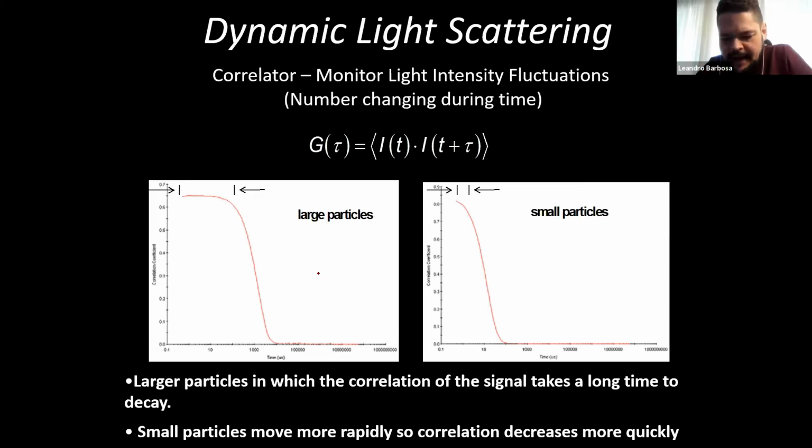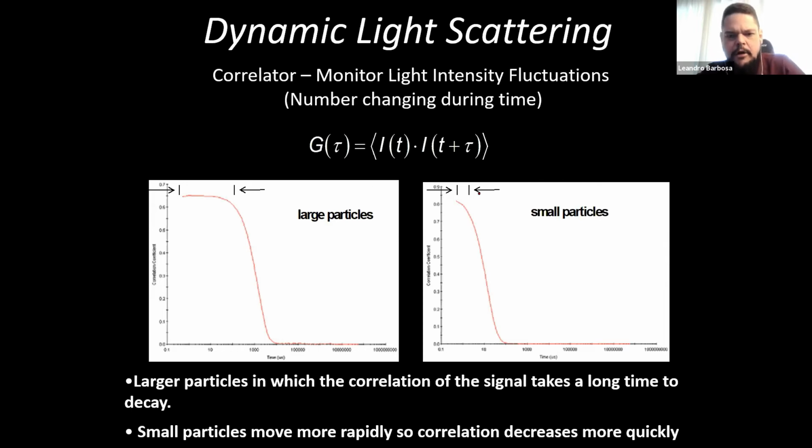If I have a constant number of scattering particles there, it means that it takes a longer time for a scattering particle to get away from this illuminated volume and change this average number, as compared to a small particle, where we can have several of them going in and going out of this illuminated volume.